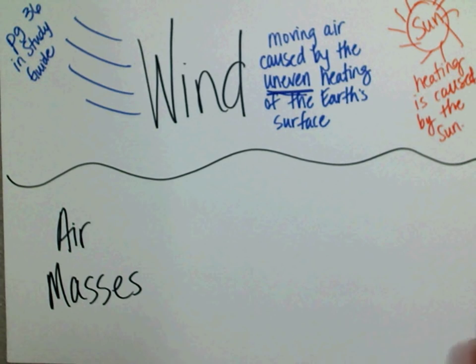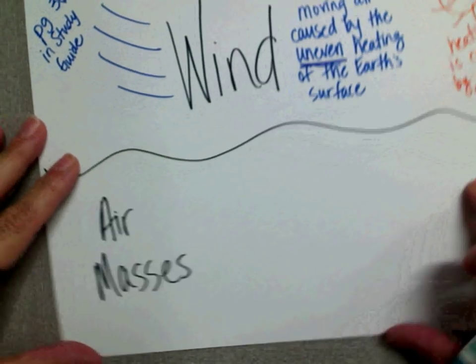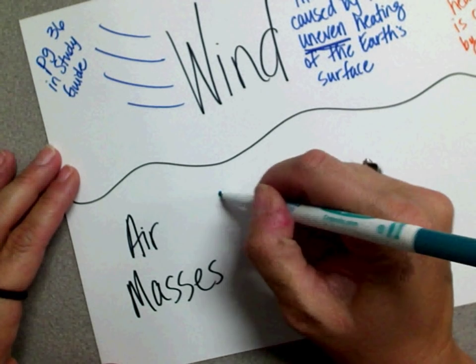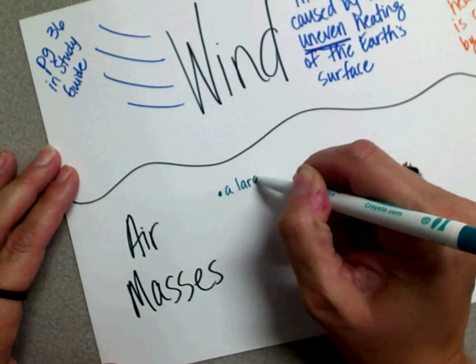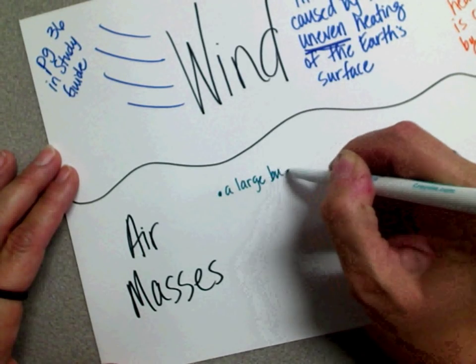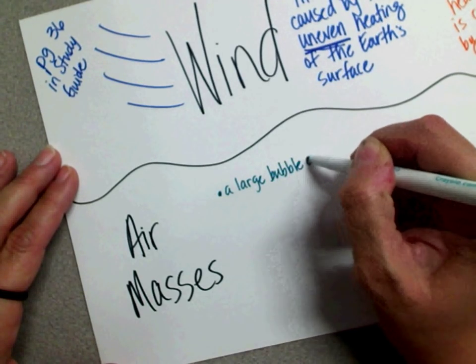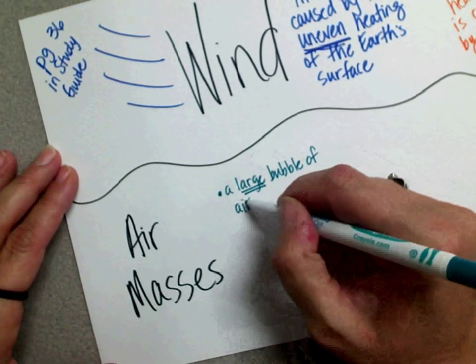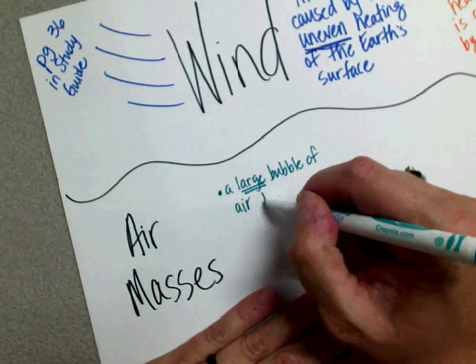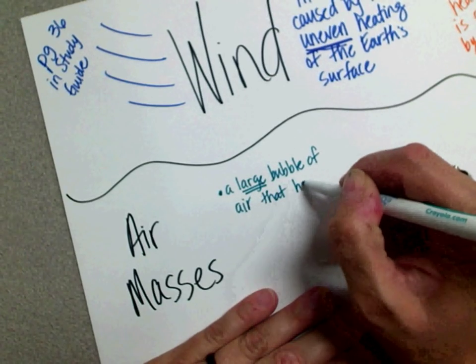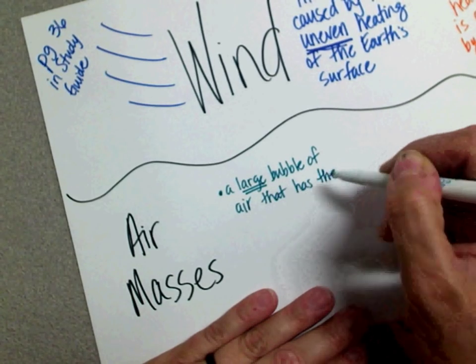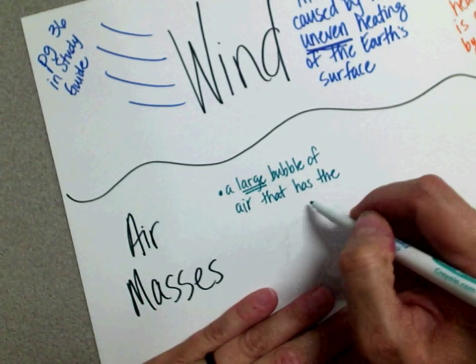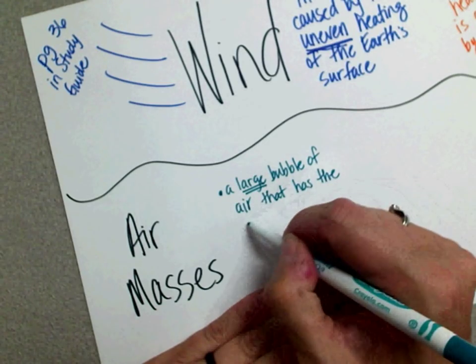So, an air mass. An air mass is a large bubble of air that has the same characteristics.